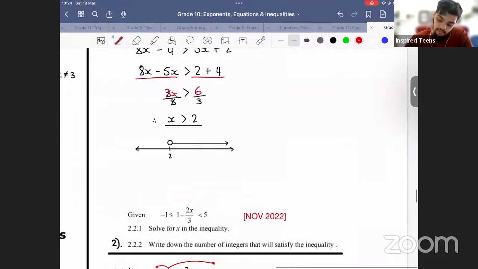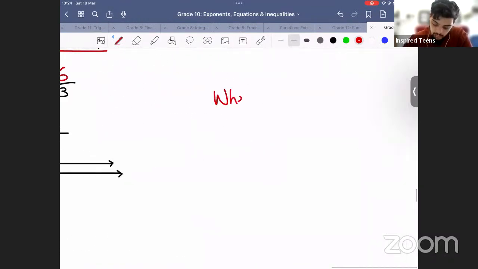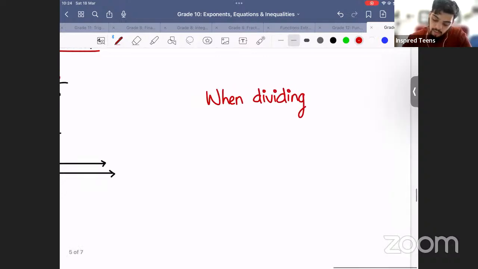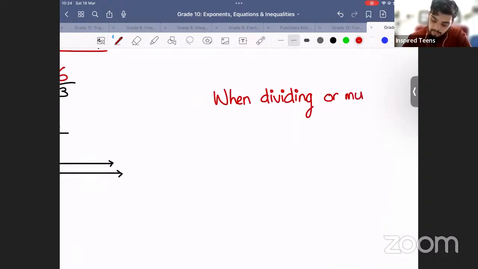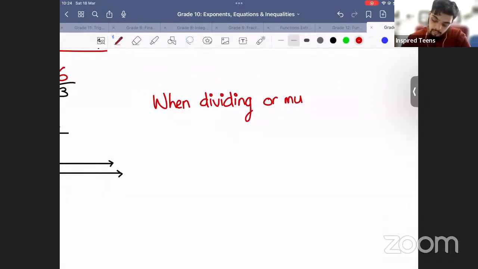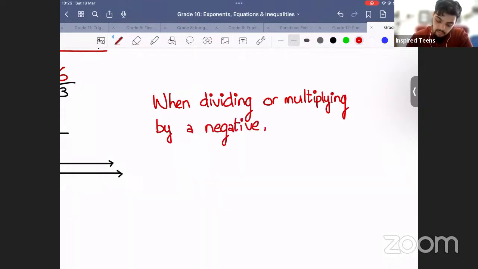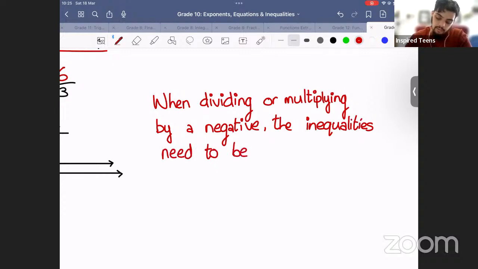When dividing or multiplying by a negative, the inequalities need to be reversed or flipped. Okay, I'll explain it in a second.